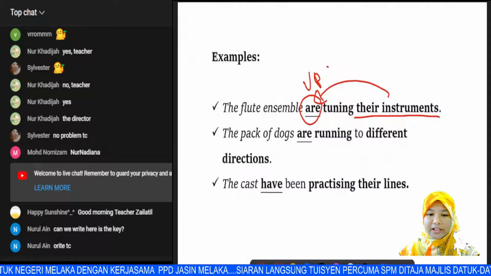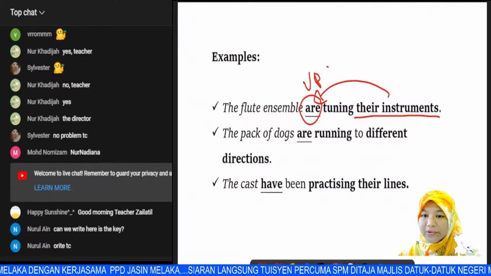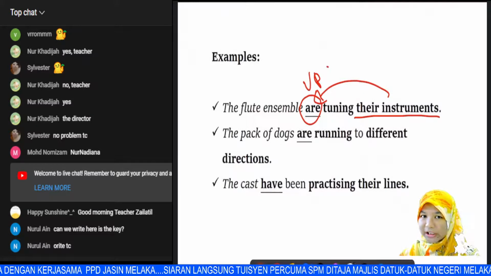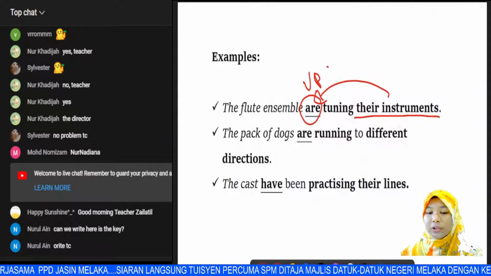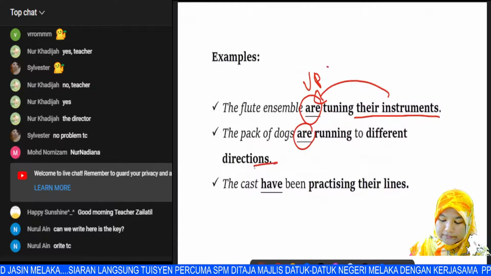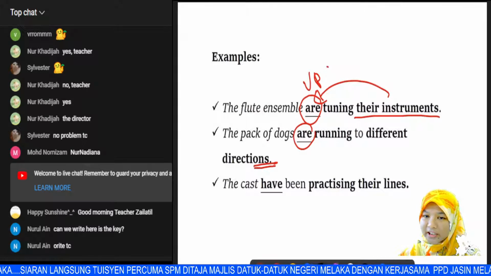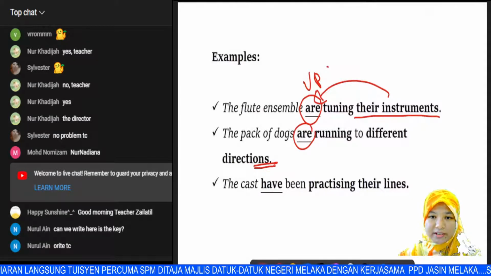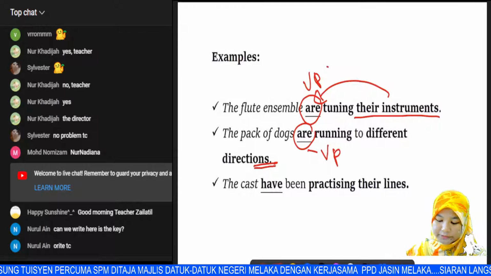They are not going in the same direction. The dogs are separated, doing their own activity, not a unit anymore. So we use are, verb plural.